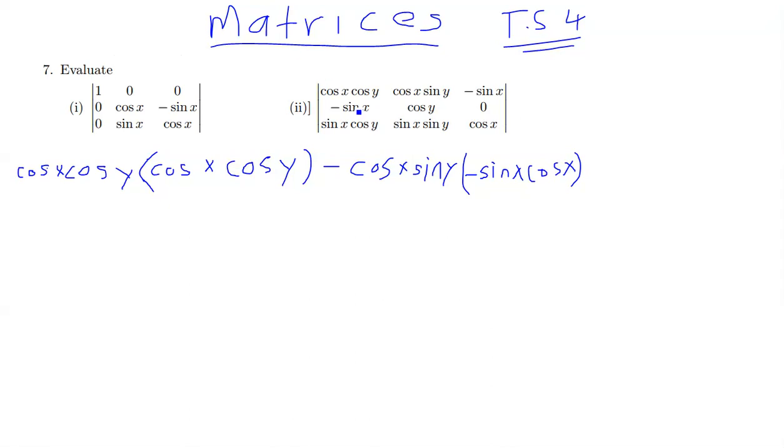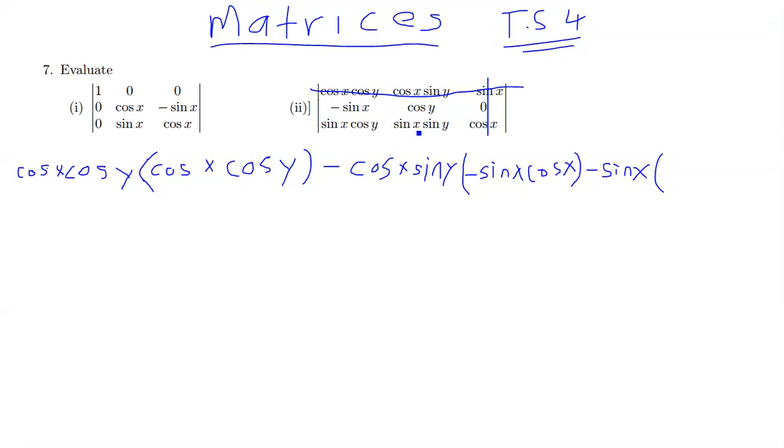So the last part, we have negative sine x outside. Then from there we open the brackets. Let us now find the minor for negative sine x, meaning we're going to cancel this line and that row, where we're going to remain with this.